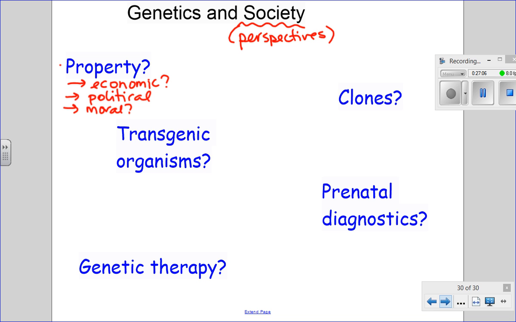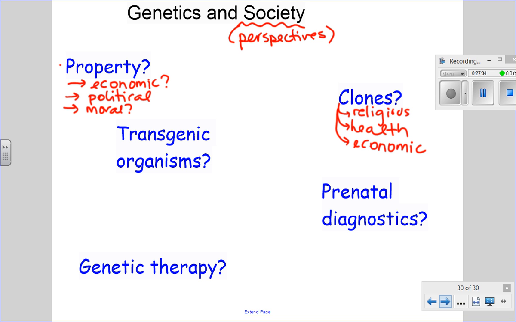Another thing that often comes into the discussion when we're talking about genetics is the idea of making clones. There are a lot of religious or moral or ethical concerns about making clones, but there are also a lot of maybe, say, health and economic perspectives that would counter that.